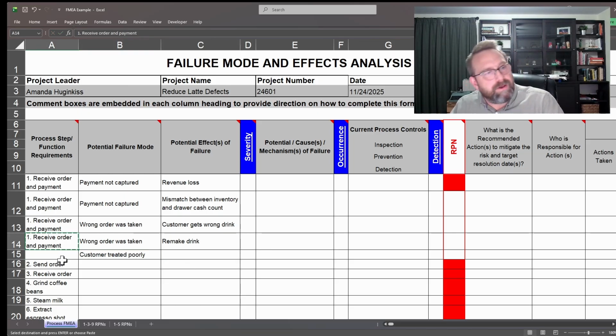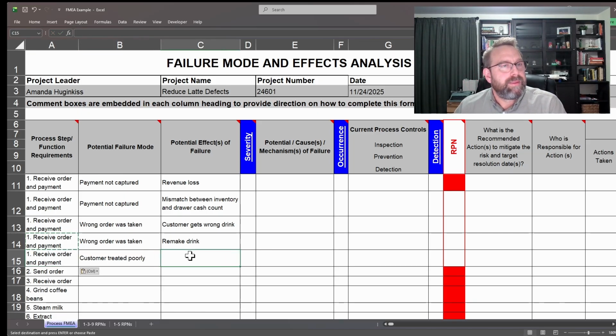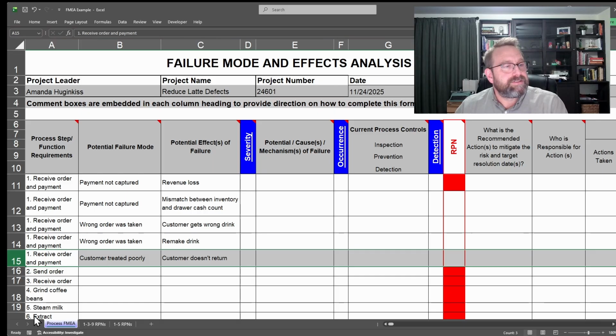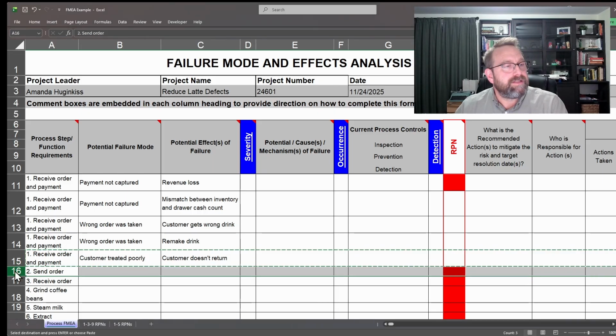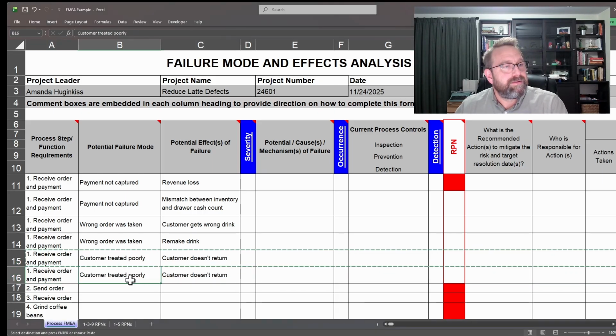I think that's going to be a good one when we get to detectability. And what's the effect of a customer being... customer doesn't return? Let's do something else, and let's say customer gives a poor review online.